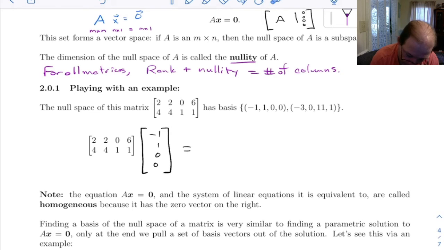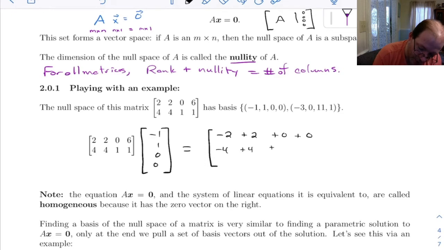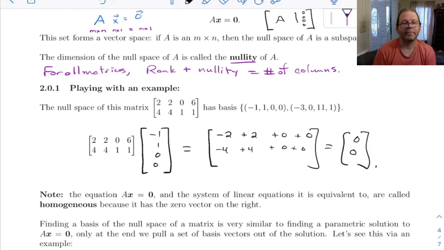Remember, we'll take each of these and multiply them across there. So for the top row, we'll get -2 plus 2 plus 0 plus 0. For the bottom row, I get -4 plus 4 plus 0 plus 0. So sure enough, this gives me 0, 0. So that's just kind of playing around with it.